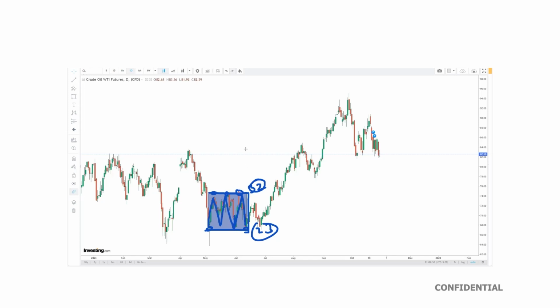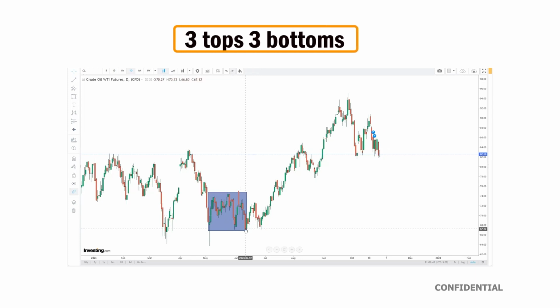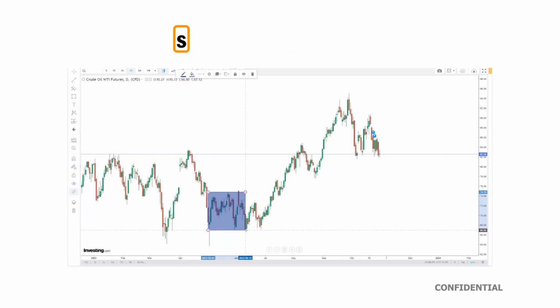The market went close to high, came down, up, down. This was also a similar base, this was also a similar base, this was also a similar top. So you would be able to see approximately 3 tops and 3 bottoms, or 3 plus 2, something around that. So the market is broadly stuck in a range.